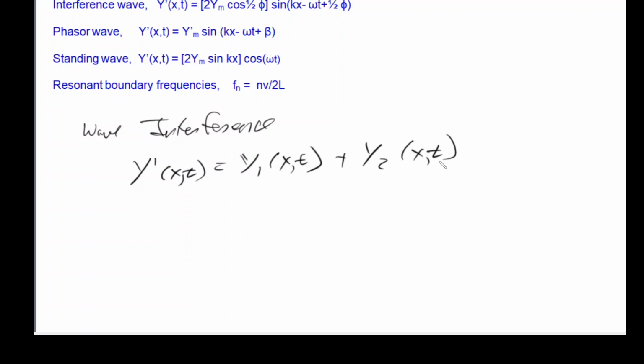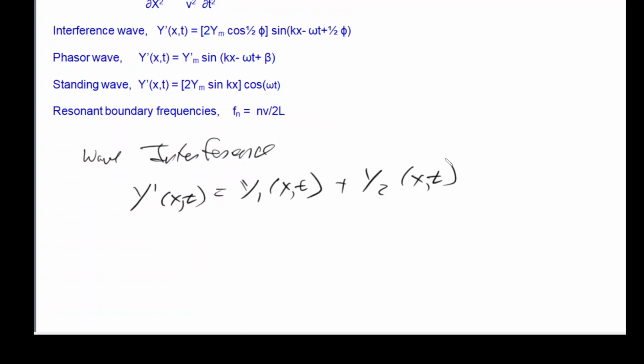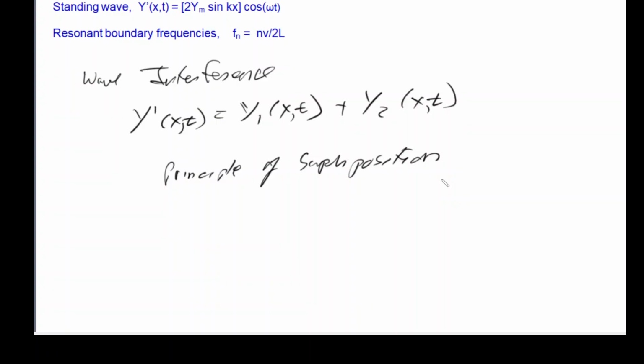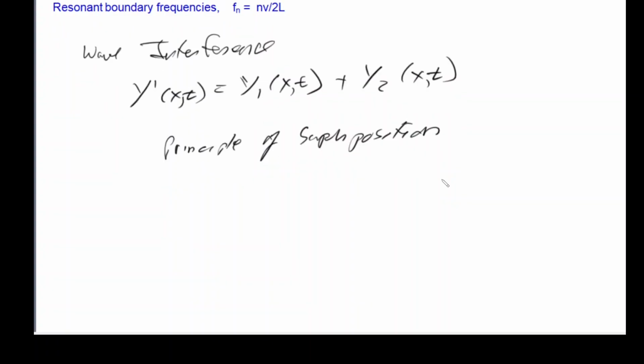These waves combine through interference, which uses the principle of superposition to add these waves algebraically. And note that either wave does not alter the travel of the other wave. They continue to move independently.